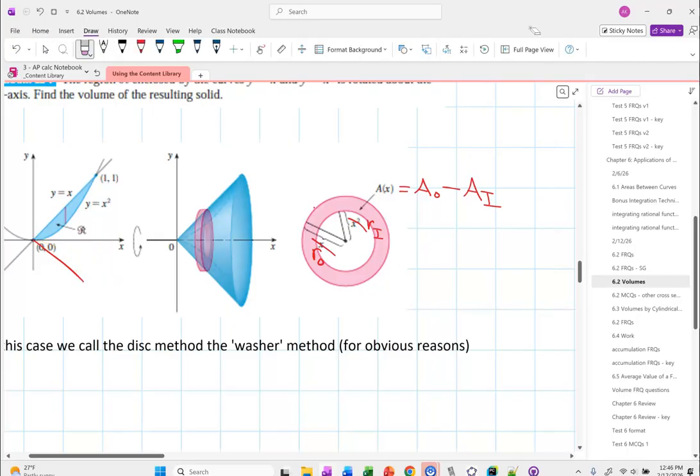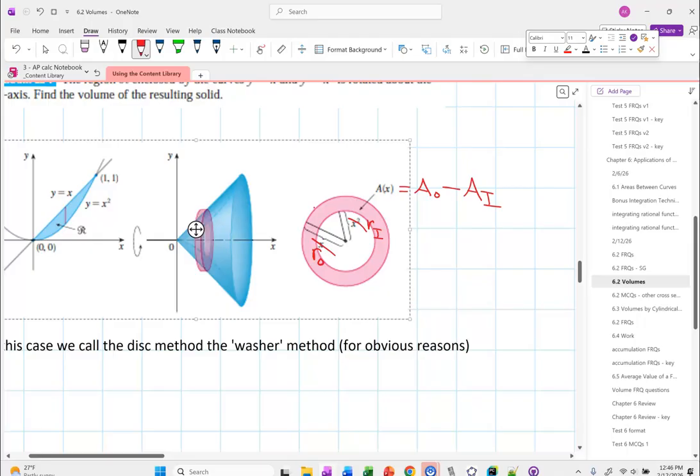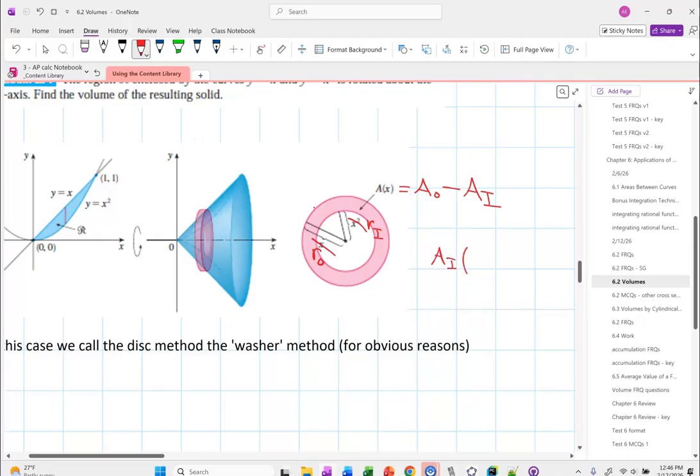All right. So we had gotten that far. Now we're going to do the same thing with the outer. Again, I'm going to pick an arbitrary point on my axis of rotation, and this time I'm drawing to the outer function.